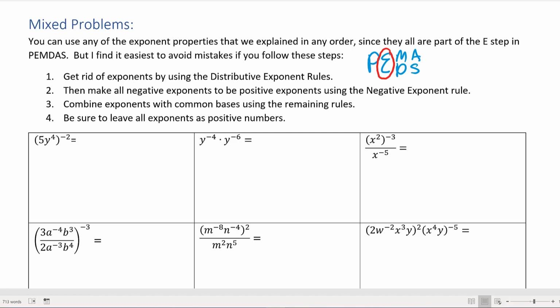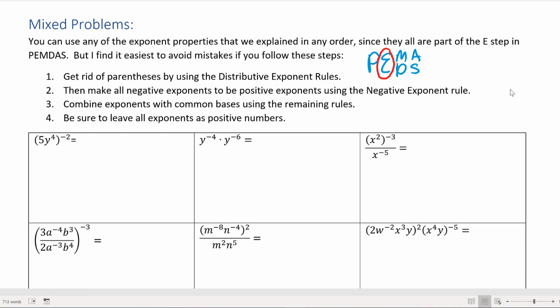As long as you use them correctly, you can use them in any order. But I find that students make a lot of mistakes when I just let them do whatever order they want. So I found that if you do it in this order that I give you, you make the least amount of mistakes. So step 1, get rid of the parentheses by using the distributive exponent rules. So if there's any parentheses, you want to distribute the exponents and get rid of those.